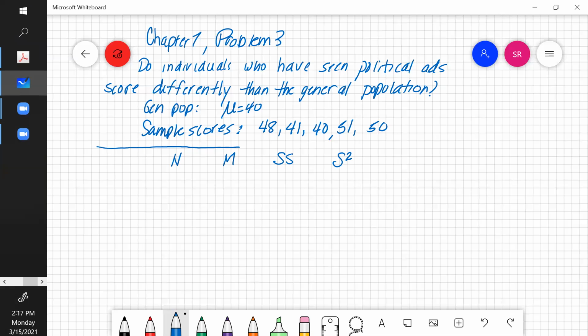So first off, we know our N equals 5. Let's calculate our mean.